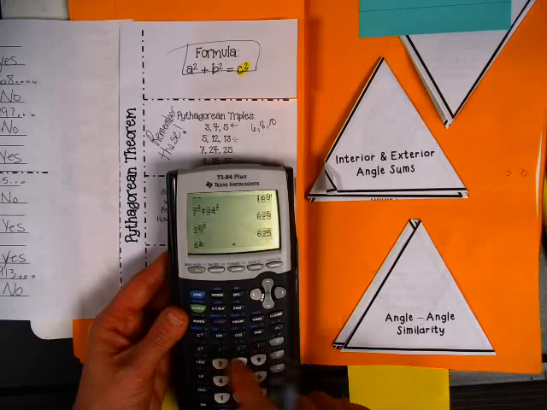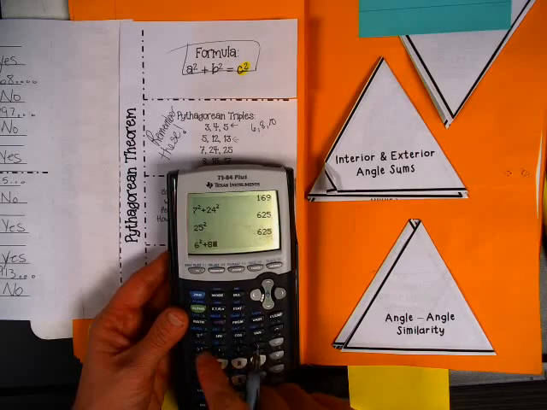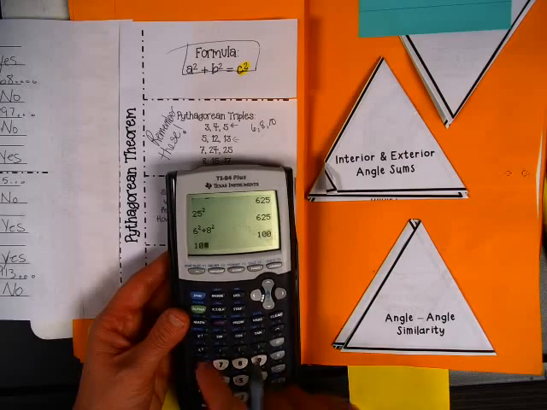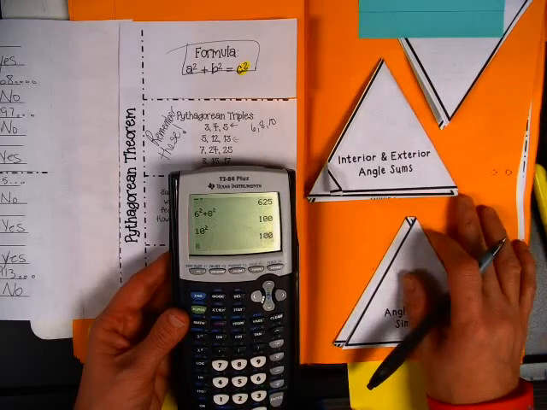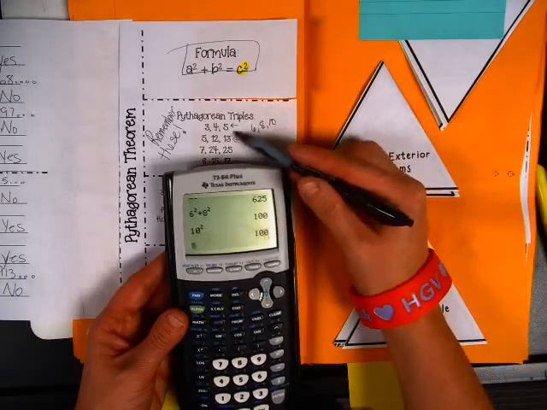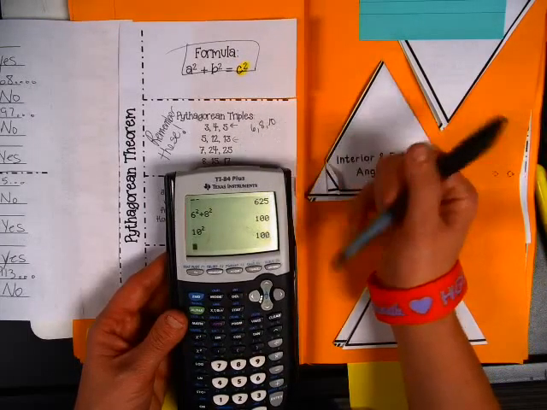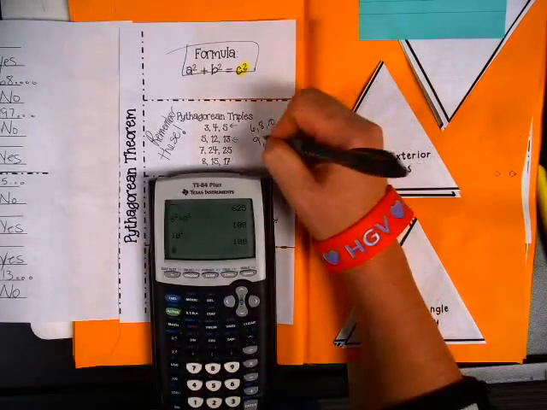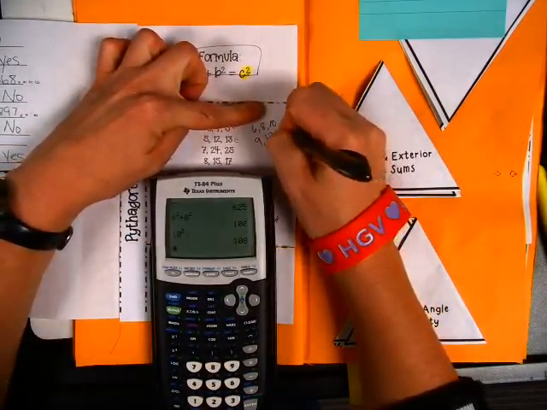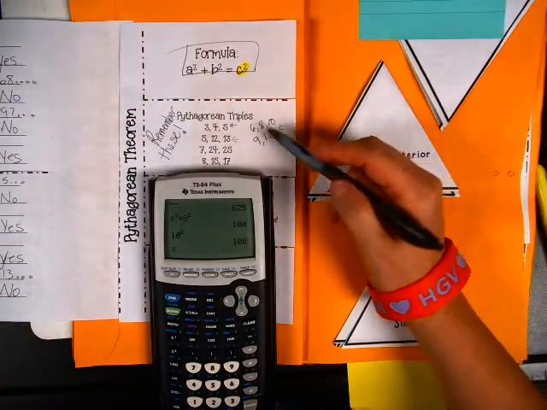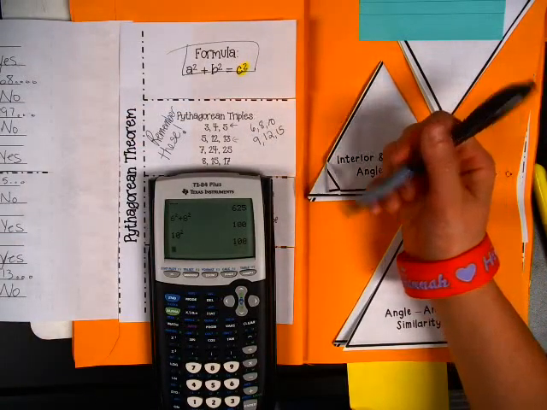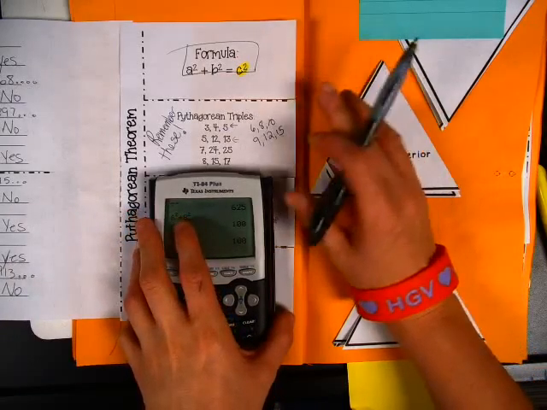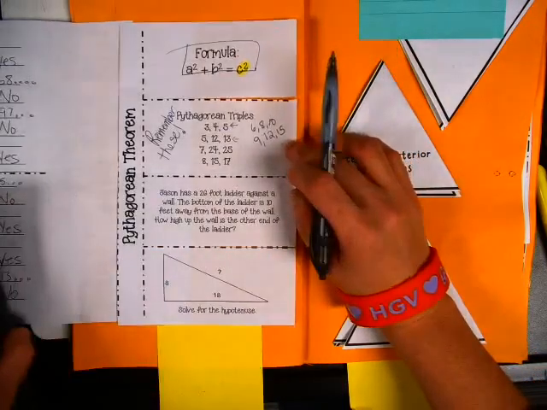I can prove it. 6 squared plus 8 squared equals 100, and 10 squared is 100. So even multiples of these work, you could multiply by 3 and go 9, 12, and 15. And that is also a Pythagorean triple. So these are just good ones to remember, okay? There's nothing really to do but just memorize these.